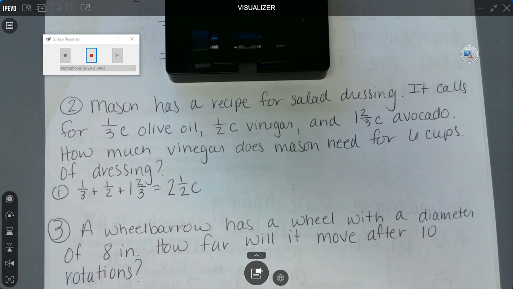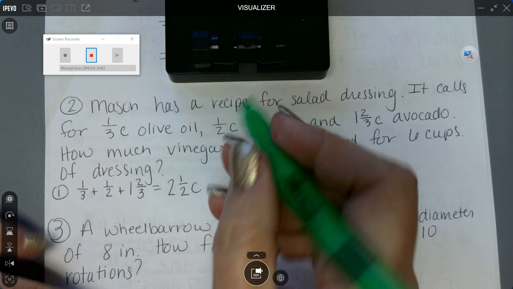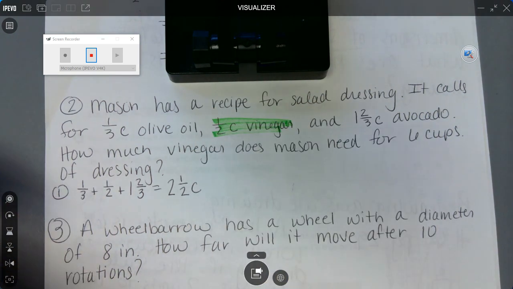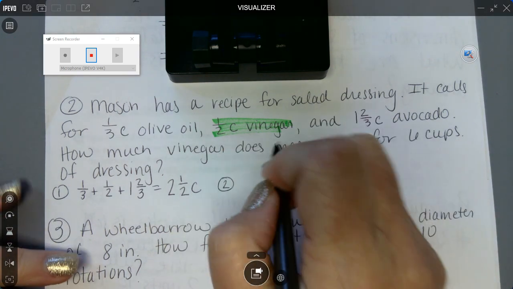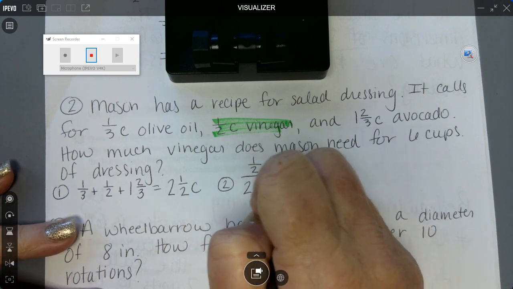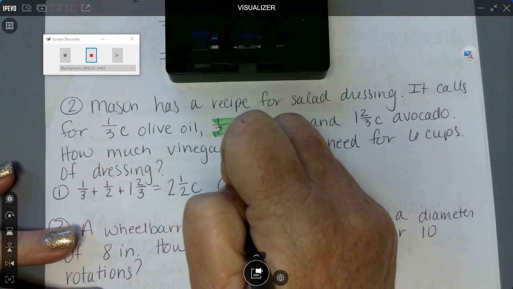Next, remember, I am only focusing on my vinegar. So the first step I want to do is find out how many cups of vinegar I make with 1 cup of salad dressing. So the second step is I'm going to do 1/2 divided by the total cups of salad dressing. This came from my vinegar, right?